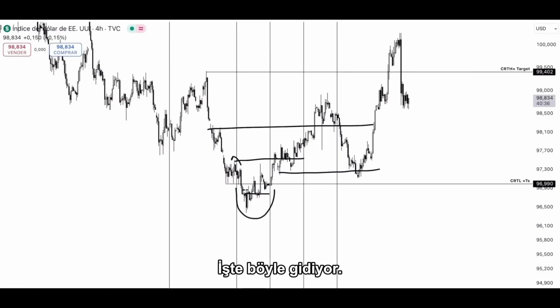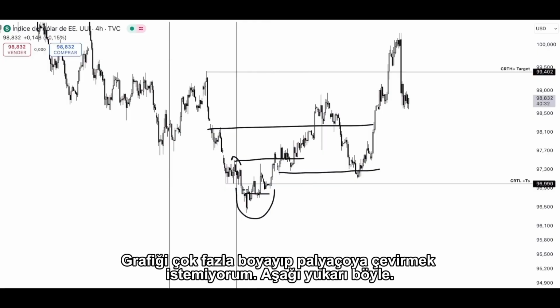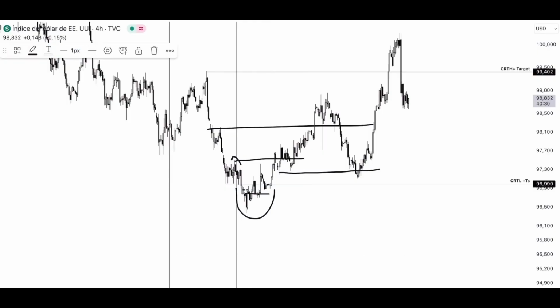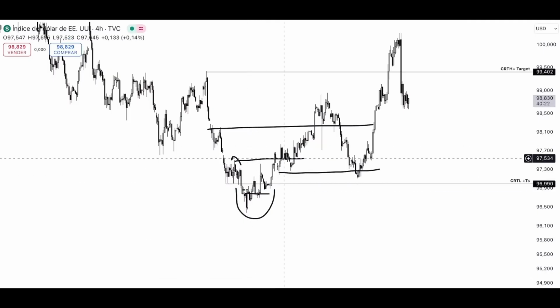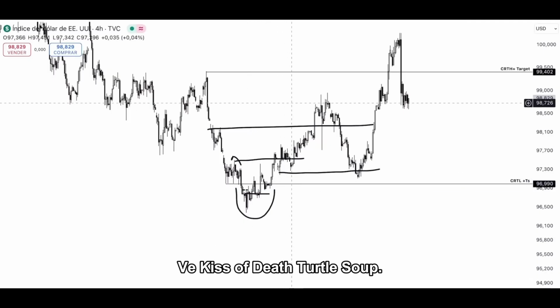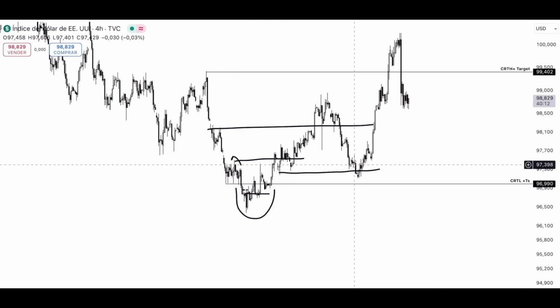And so on. I don't like to fill the chart with too much lipstick. The CRT high, CRT low, turtle soup, model number one, breaker, and kiss of death turtle soup, which in this case was the OTE as well. Same as you saw in Euro.